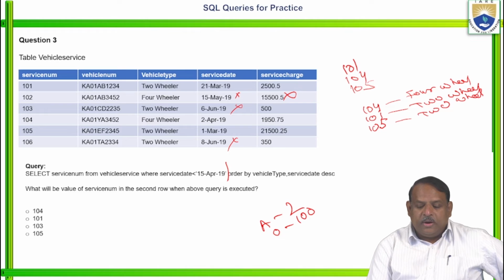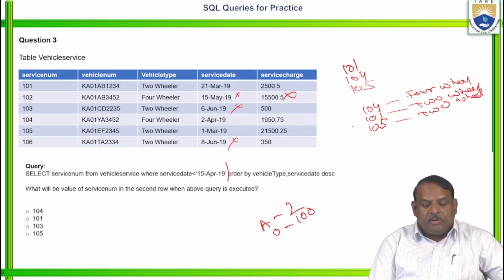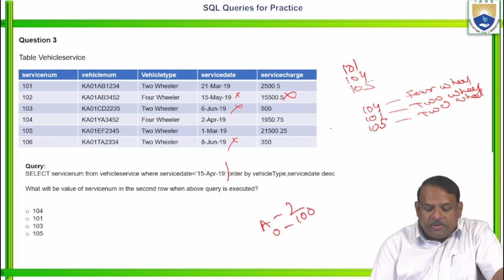What is the service date? 101 service date is 21st March. 105 is 1st March.